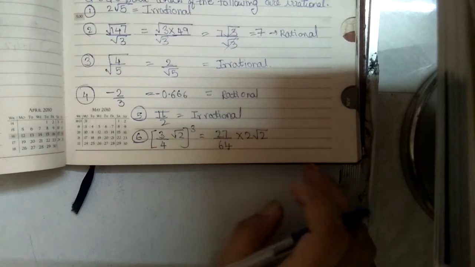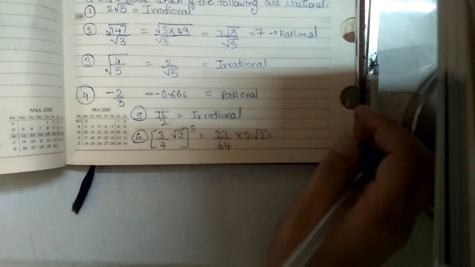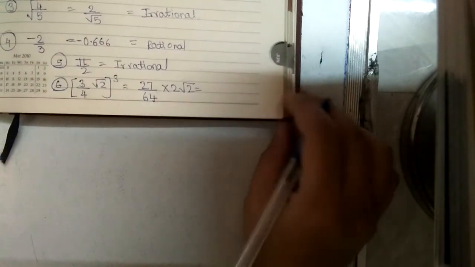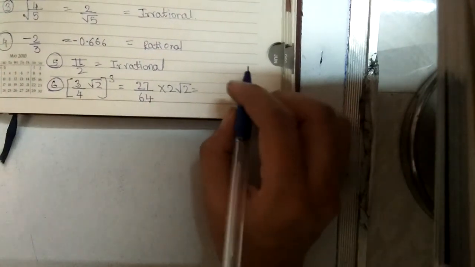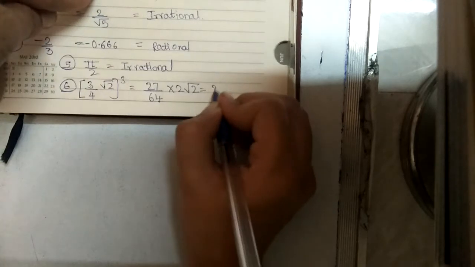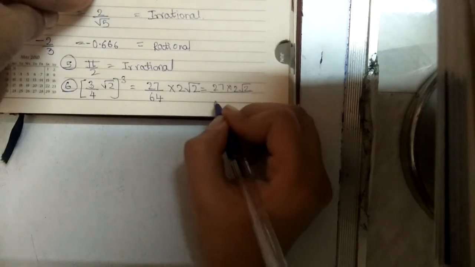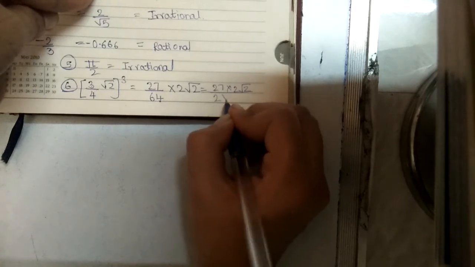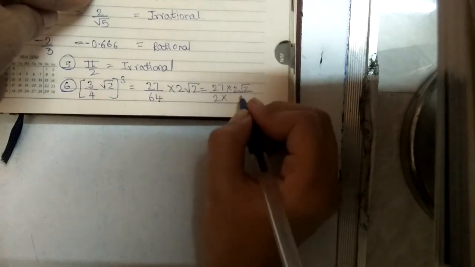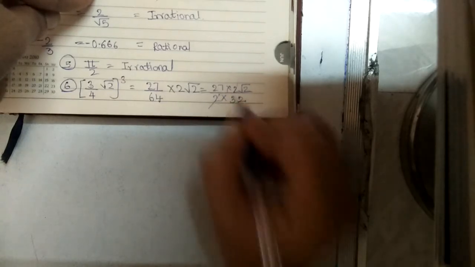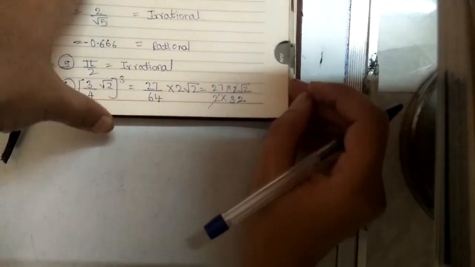Okay, now we have got this. If we split again, we will get this, and this gets cancelled off.